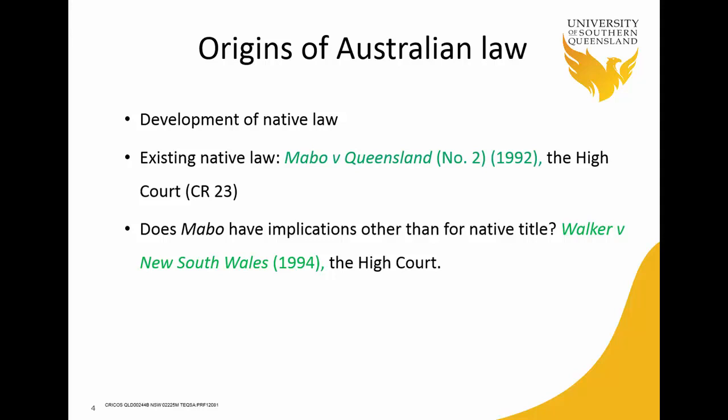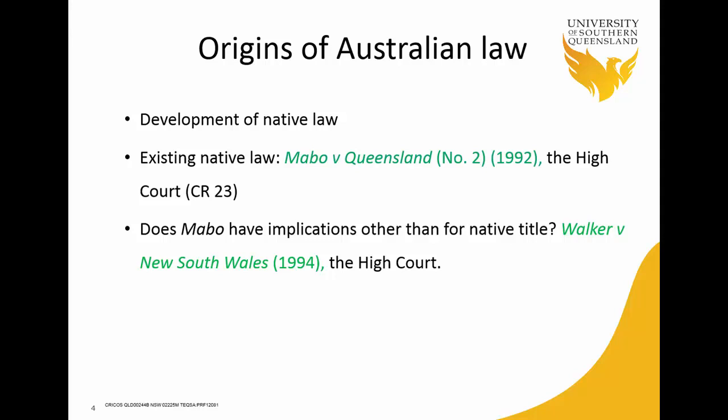So we're looking at how terra nullius was developed through the English or British court system, and you see that it started from a proposition that you can take your English or British law with you to a new territory if it's unoccupied. But back then there were not that many territories that were unoccupied.